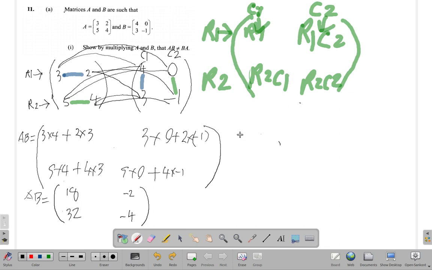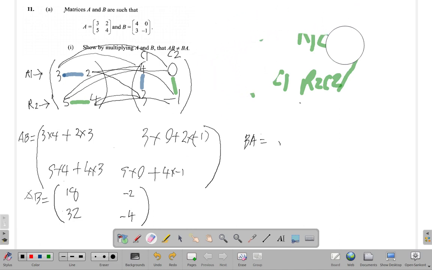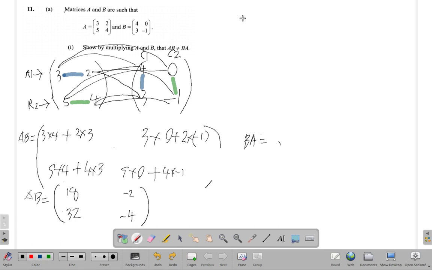Alright. What about BA now? BA equals, let's get rid of this up here and make use of the space. I want to make use of the space up here. Let's do our BA starting up here.